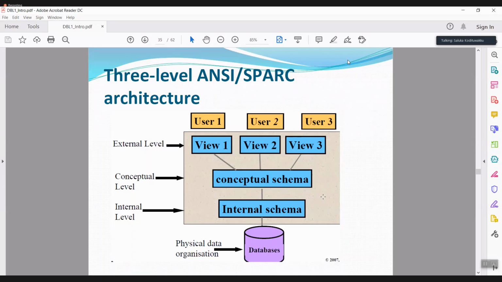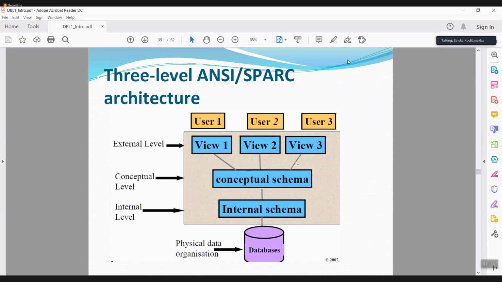In order to facilitate interaction between these three levels or schemas, two mappings are provided. To achieve the interaction between the conceptual schema and the internal schema, there is a mapping known as the conceptual-internal mapping.